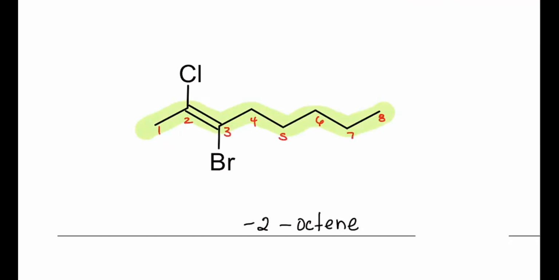Great job. 3-bromo followed by 2-chloro, because we need to put them in alphabetical order. 3-bromo, 2-chloro, 2-octene. Now let's determine cis versus trans, okay?